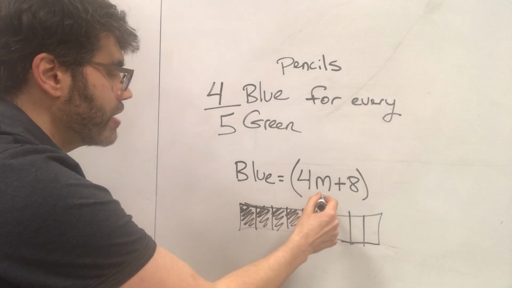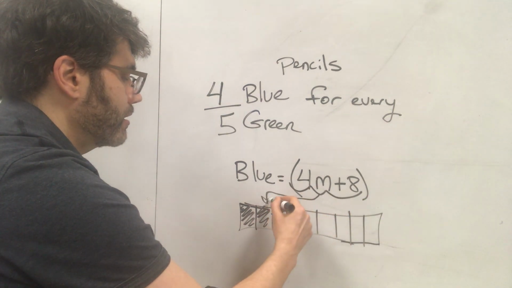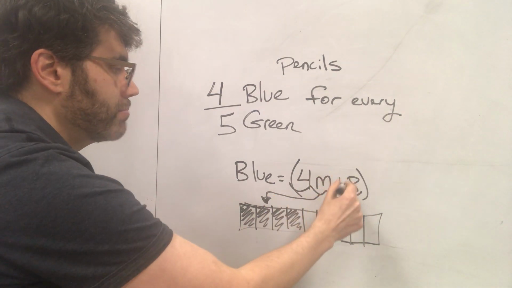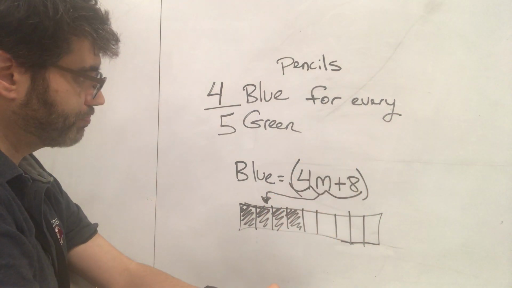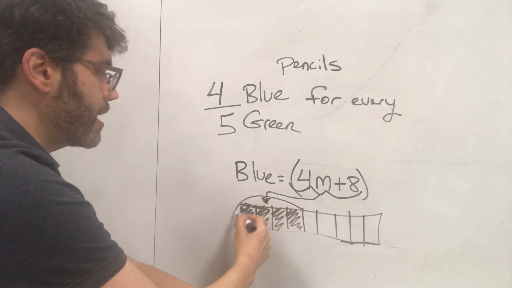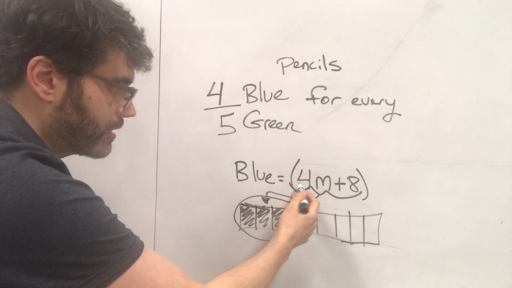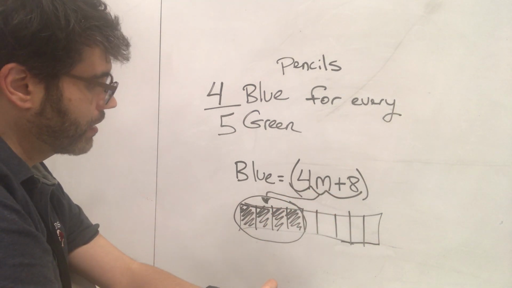And we also know that currently blue can be represented by 4m plus 8. Okay? 4m plus 8. So this entire quantity right here is represented by 4m plus 8.